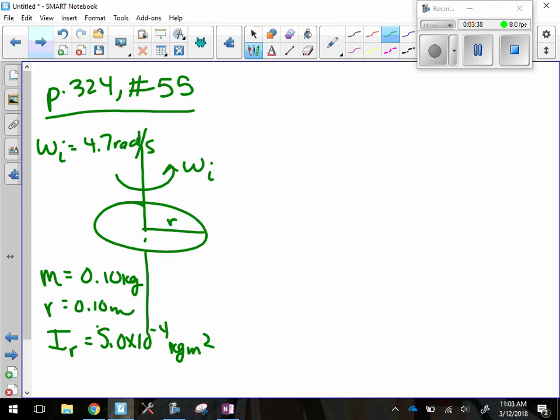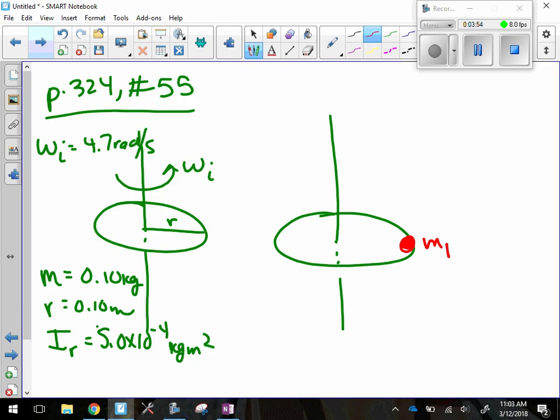Okay. And then what happens? Okay, and then the putty falls. And where does the putty land? Near the edge. So here's my mass of putty, and the mass of my putty is 0.020 kilograms, right?